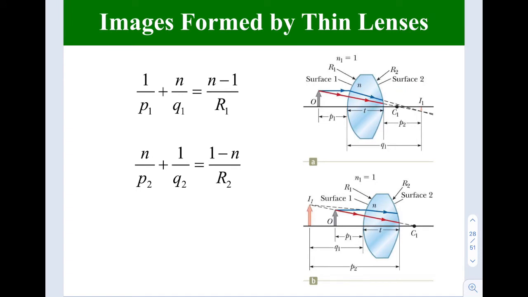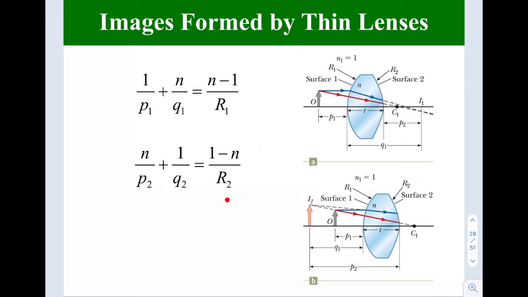Taking p2 as the object distance for surface 2, and q2 as the image distance produced by surface 2, it gives us this equation, right?